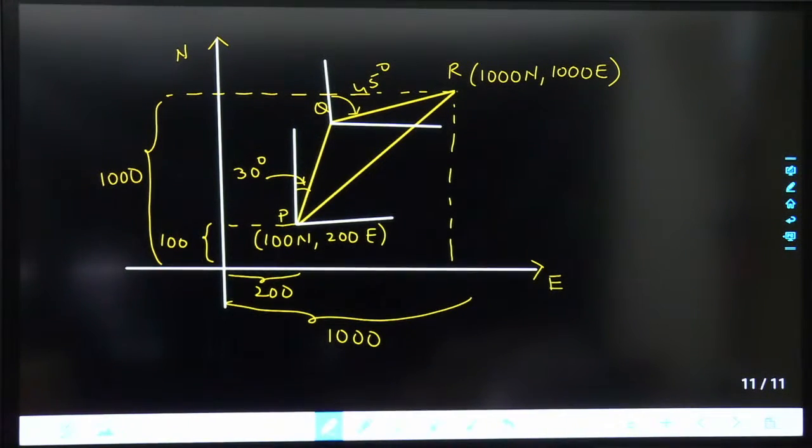Solve it. Find out the lengths PQ and QR.